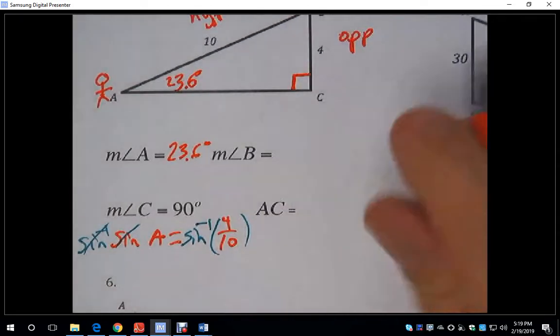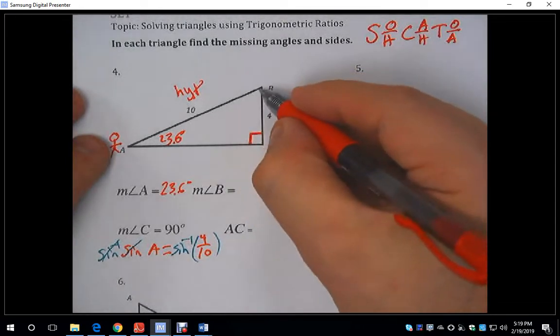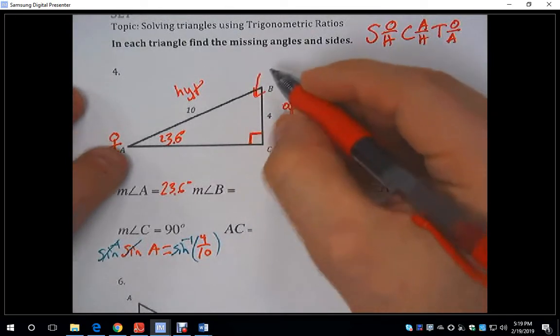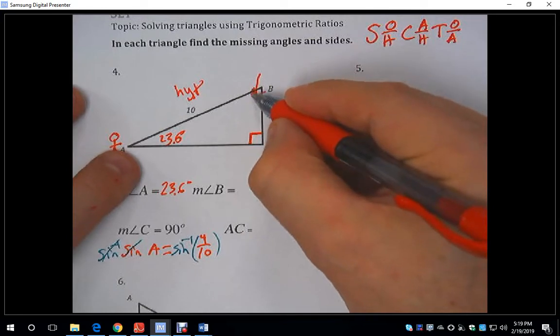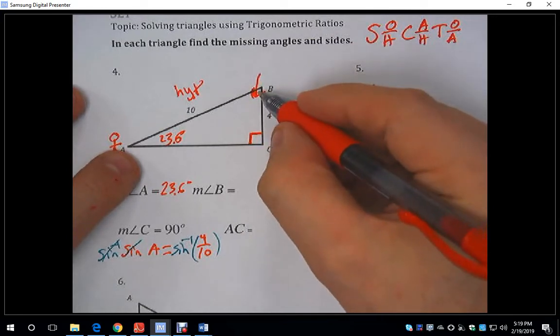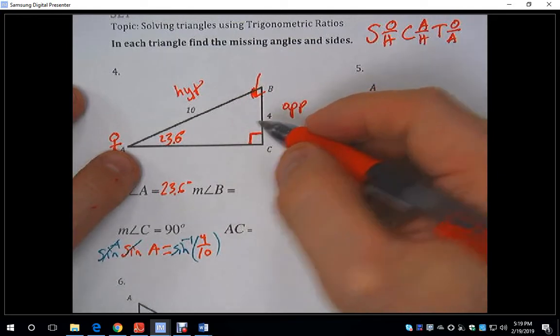Now I also need to find the measure of angle B. I could use trigonometric ratios if I wanted to, or I could recognize that I can use the Triangle Sum Theorem, which says that the sum of all the angles of a triangle adds up to 180 degrees.